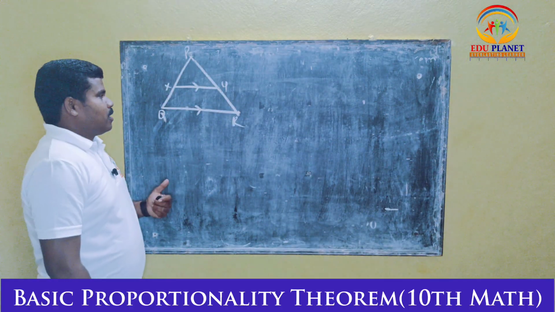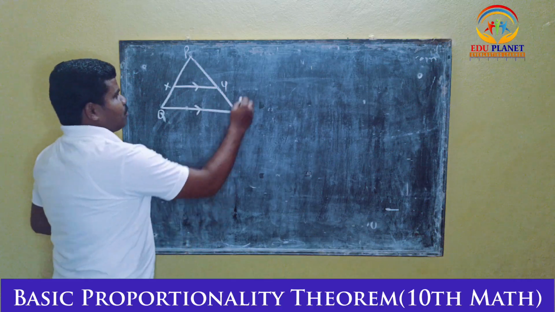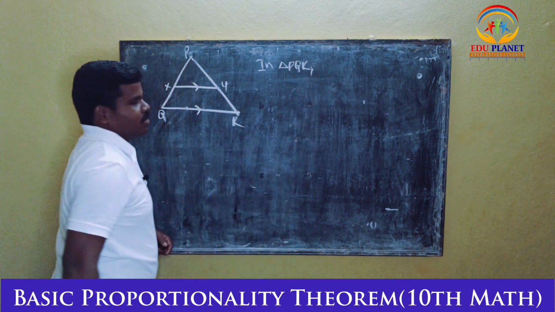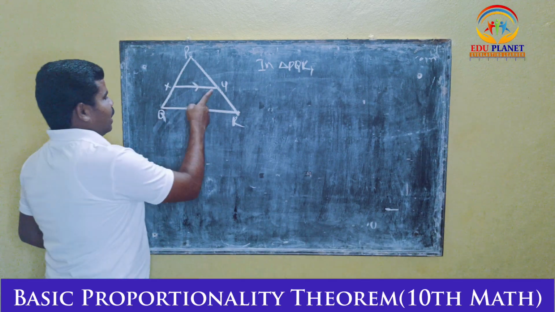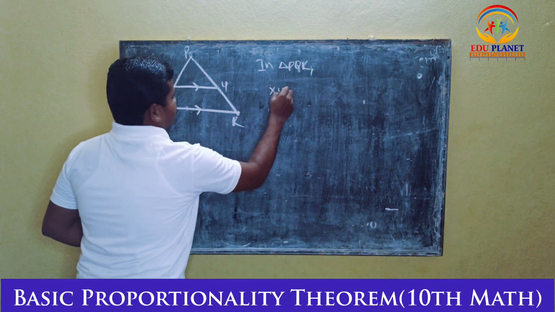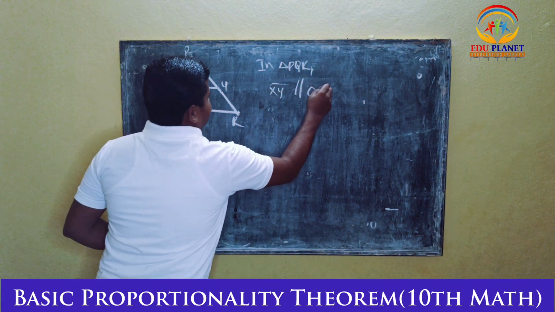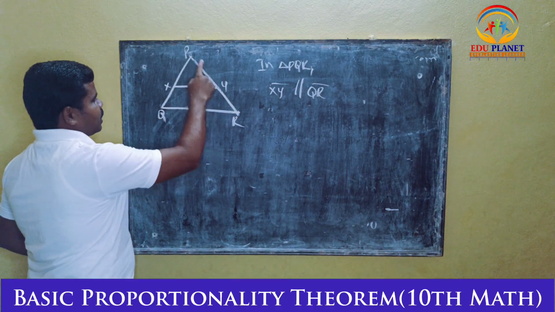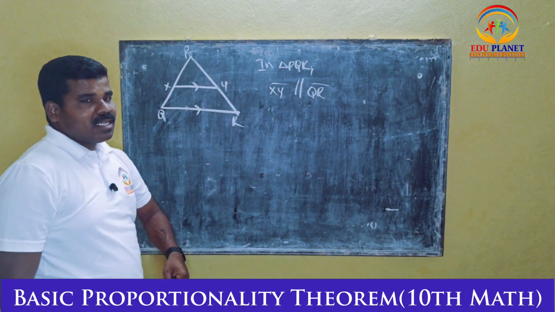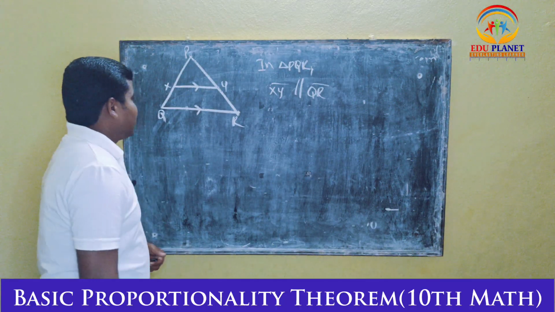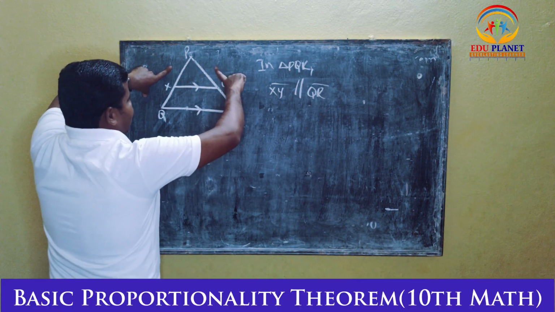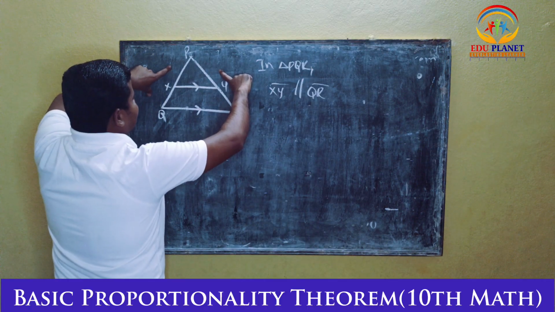Yes dear. See here, in this triangle PQR, what are the parallel lines? Yes, your guess is correct. XY parallel to QR. Then I can say that line XY divides the remaining two sides in the equal ratio. How can we represent that? Very easy. PQ and PR will be divided in equal ratio.